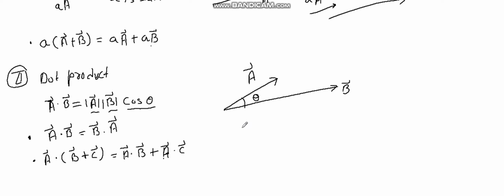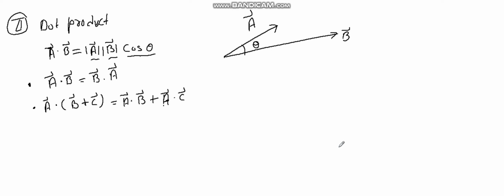Let's understand what this dot product actually means physically. What is this equation telling us? Let's draw the same diagram one more time. We have this B vector and here we have the A vector.